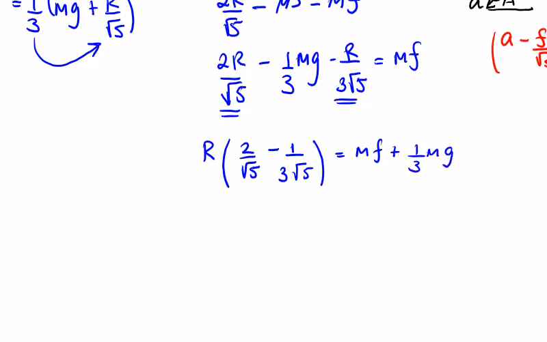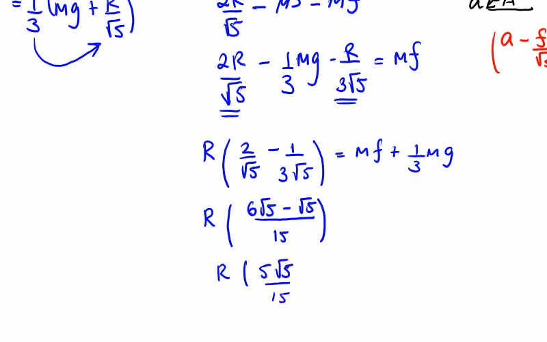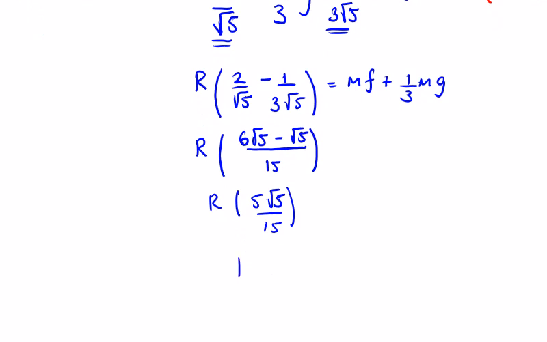I should factor out my m, but I'll do that in a second. So the left hand side, your calculator will just do this for you, but I don't like using calculators. 2 by 3 root 5 is 6 root 5, minus 1 by root 5 over 3 by root 5 is 3 by 5, which is 15. So we're going to get R times 5 root 5 over 15. That's going to work out evenly for me.